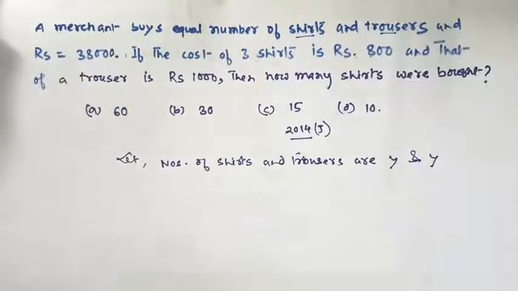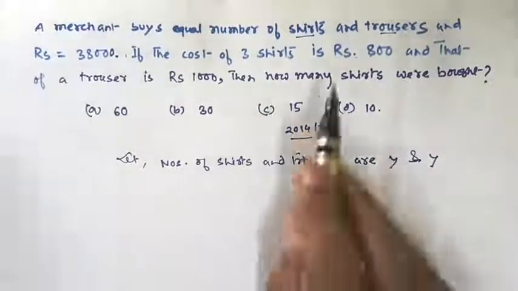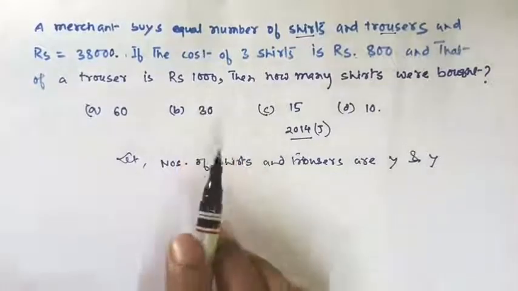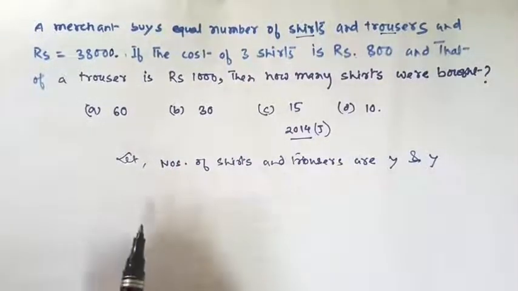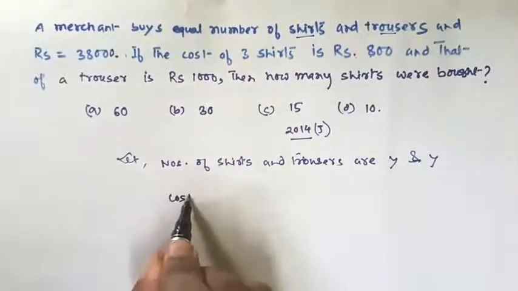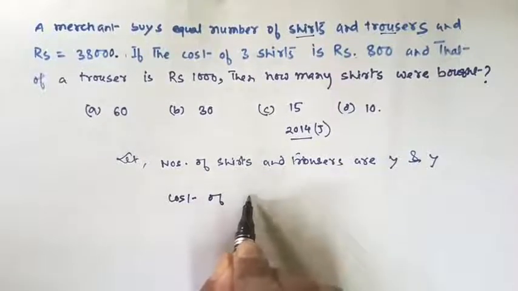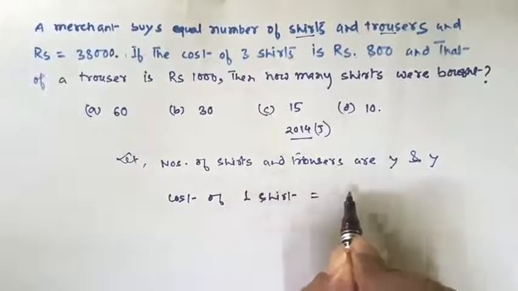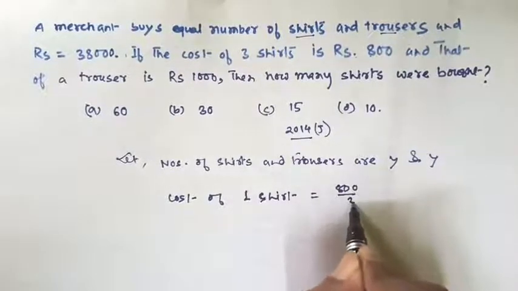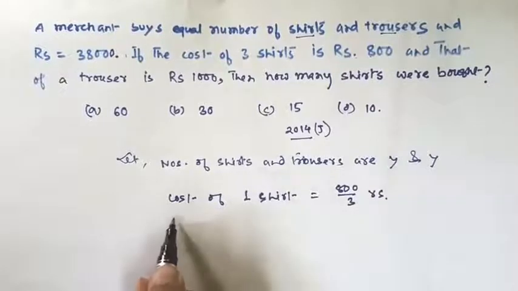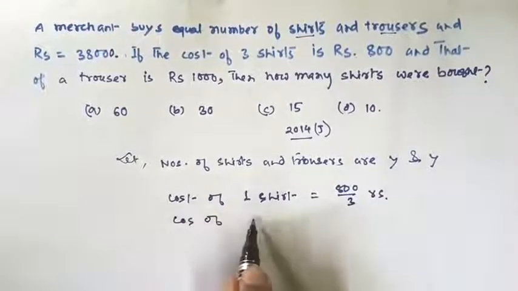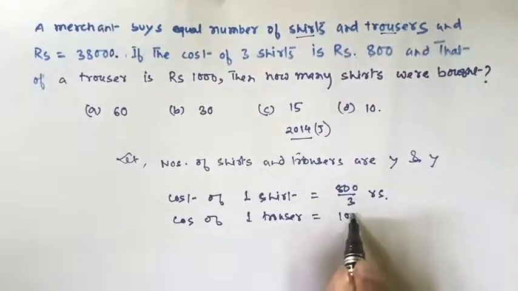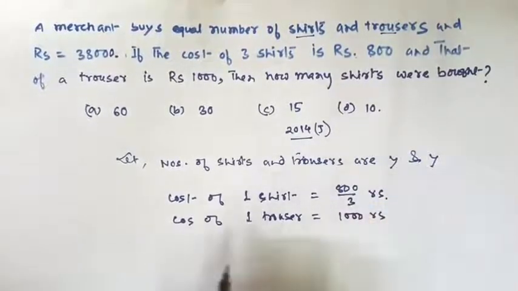It is said that the cost of 3 shirts is 800 and the cost of 1 trouser is 1000 rupees. So the cost of 1 shirt will be 800 divided by 3 rupees, and the cost of 1 trouser is given as 1000 rupees.